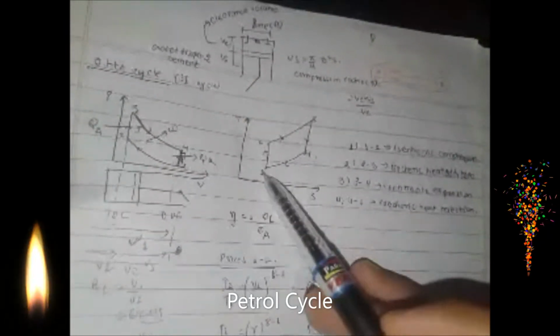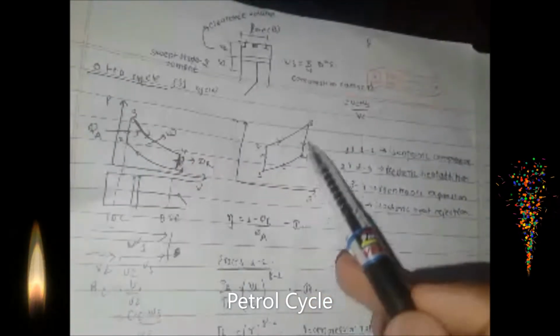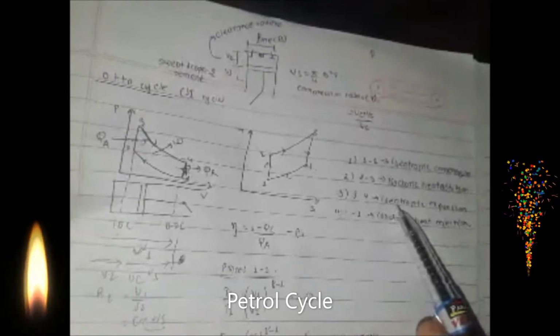Temperature rises from 1 to 2 and from 2 to 3. From 3 to 4, isentropic expansion, the temperature gets down, and from 4 to 1 heat is rejected.